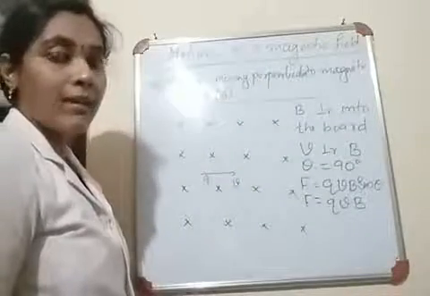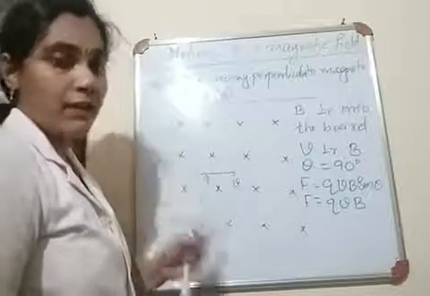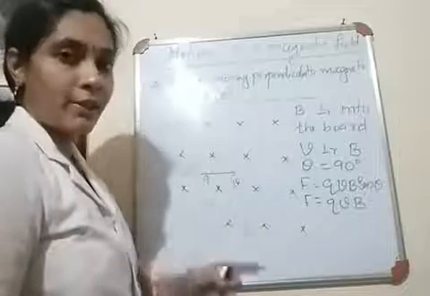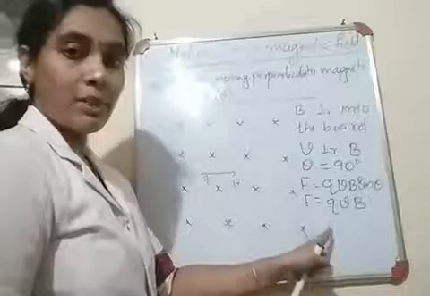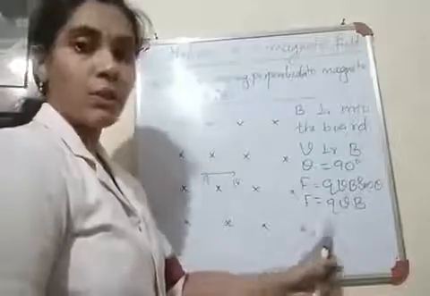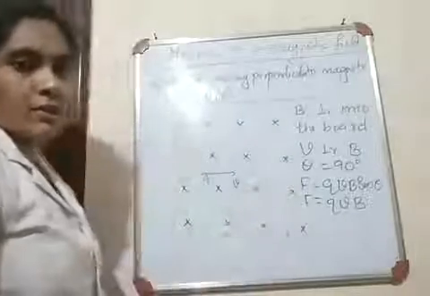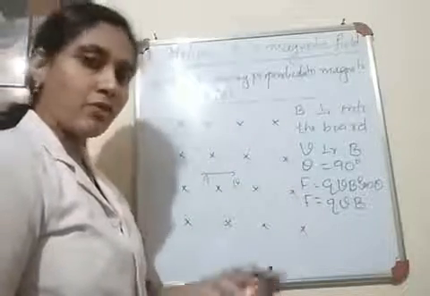So unlike the parallel case, whenever a charged particle enters perpendicular to the magnetic field, it will experience a force, and this is the magnitude of that force: F is equal to QVB. What is the direction of this force? Force is a vector quantity, so it has both magnitude and direction.